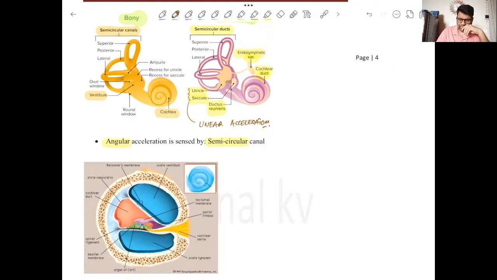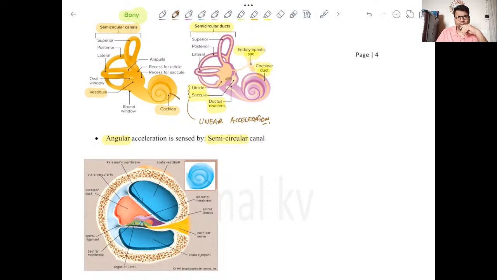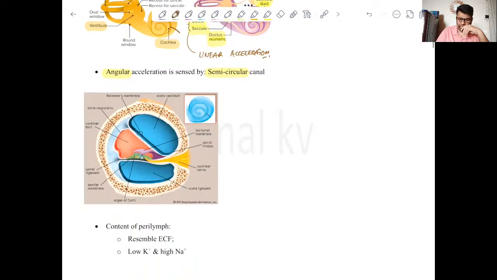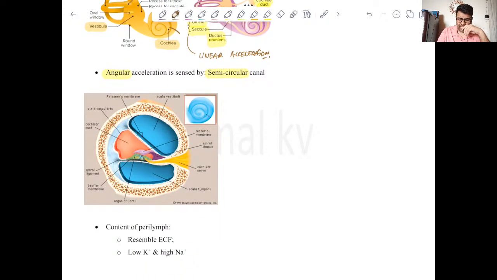Now if we take a section through the cochlear turns, we will see three areas. The upper one is scala vestibuli, the lower one is scala tympani, and the middle one is scala media. Clear?